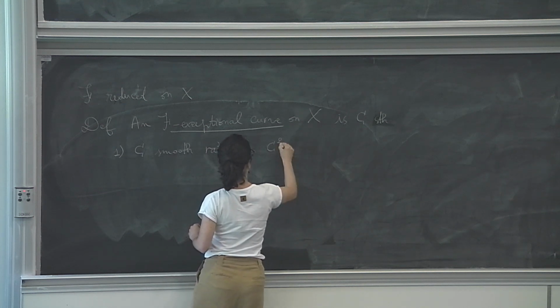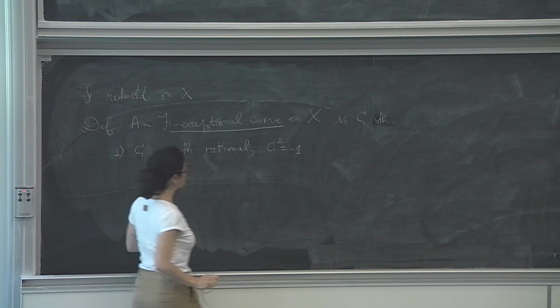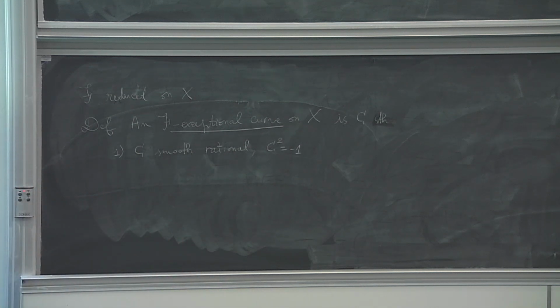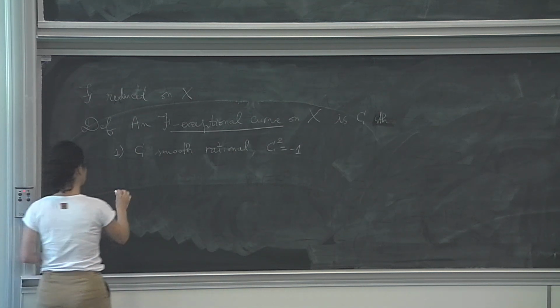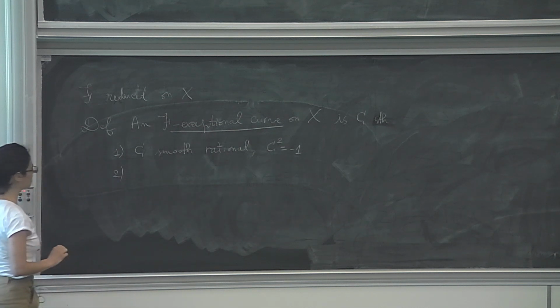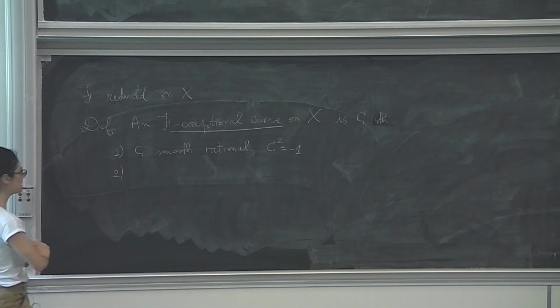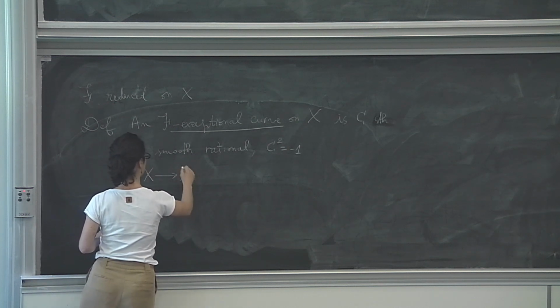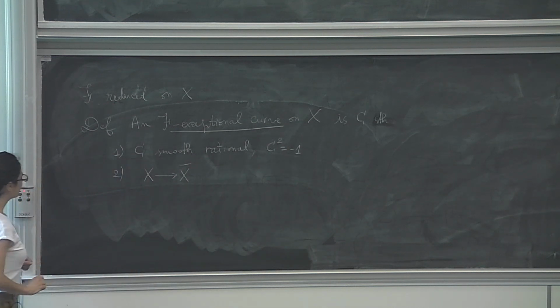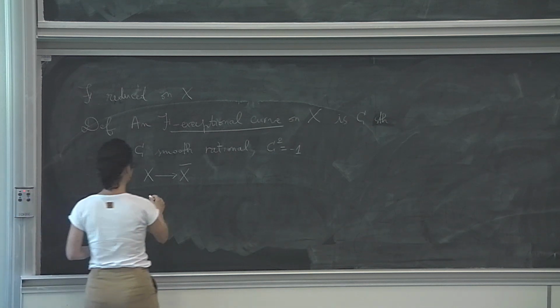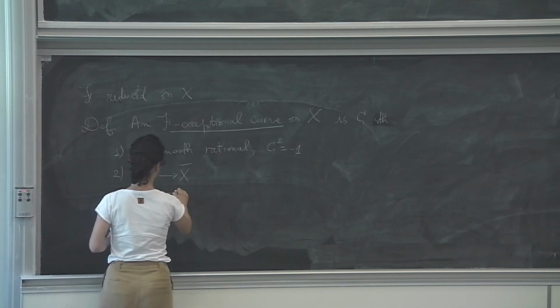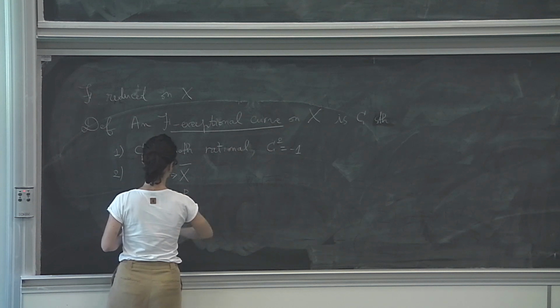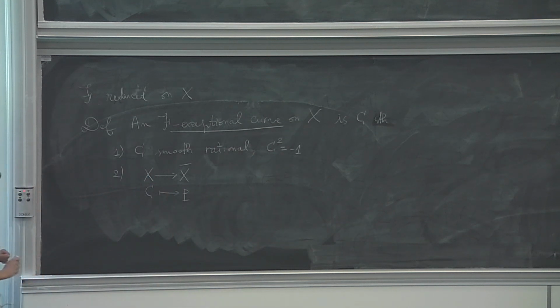and C squared is -1. And so either you've seen it last week or you already know it, or I'll tell you. There is, given by Castelnuovo's theorem, a birational morphism contracting C to a smooth point for X bar.